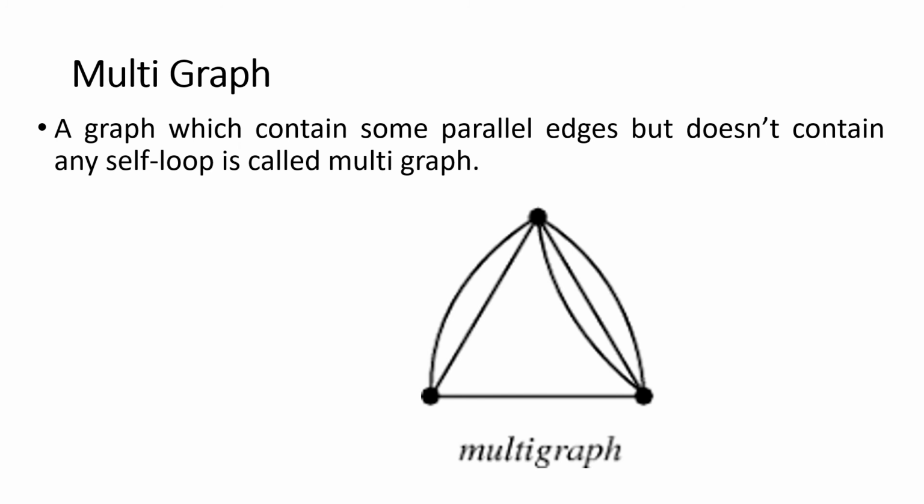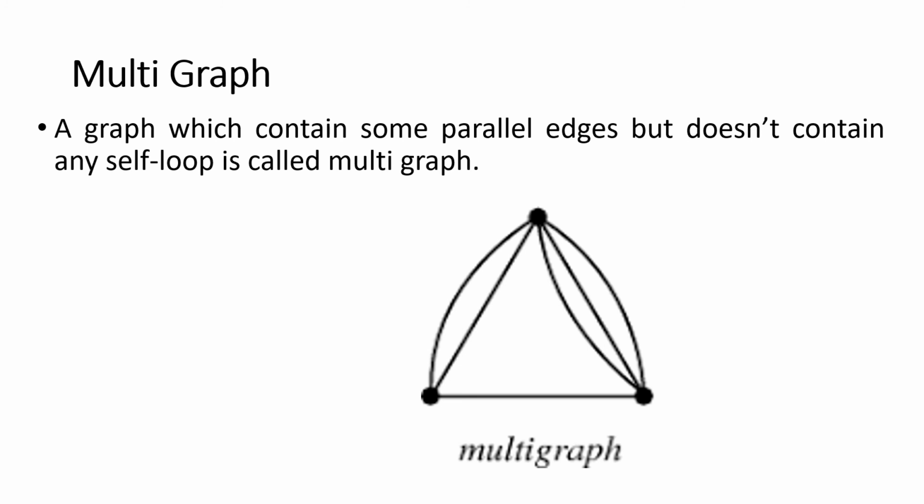We already saw that a simple graph is a graph which does not contain any parallel edges or self-loop. Now, we will see what a multigraph is. A graph which may contain some parallel edges but does not contain any self-loop is known as a multigraph.